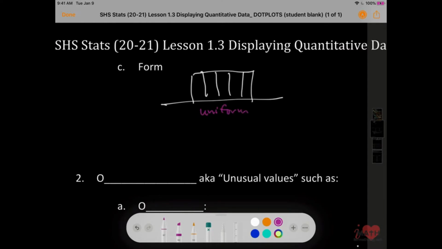Like if we all wore uniforms at school, you all look the same. Then we say the frequency is constant, like how many hours you slept, and all of you came in and said 8. That's what your graph would look like.